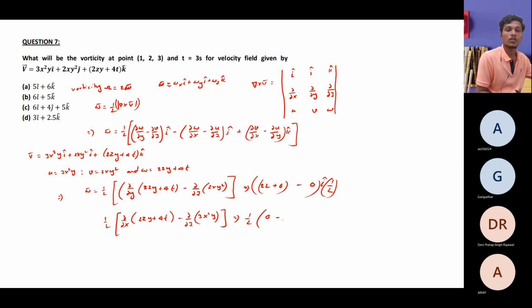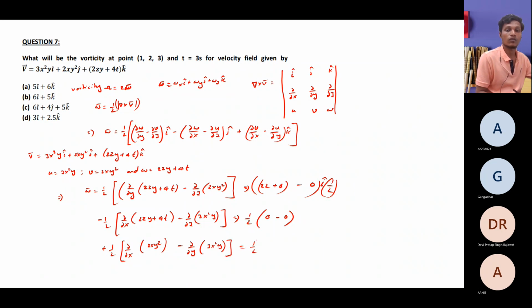Then 0 minus dou by dou z of 3x²y; there is no z variable here, so it also goes to 0. Then the third part, dou by dou x of v, which is 2xy², minus dou by dou y of u, which is 3x²y.